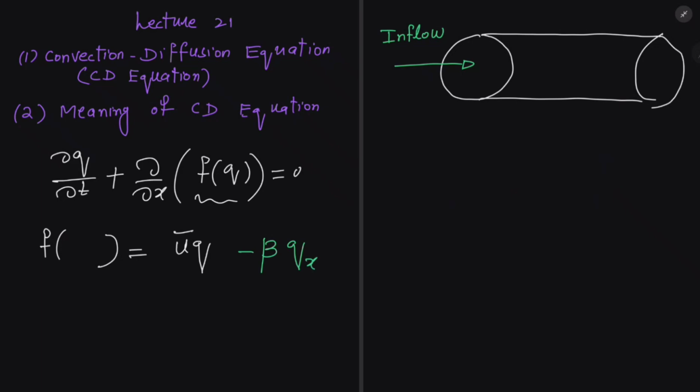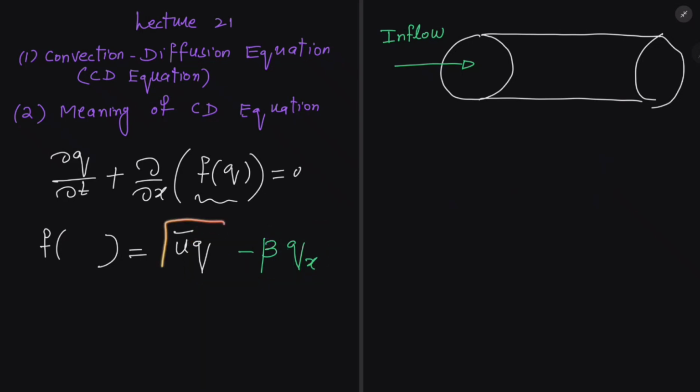Now you can see that here we have q, which can be anything like pressure, temperature, and this is the derivative of that quantity. This is actually Fick's law. If q is temperature, then it is Fourier's law.